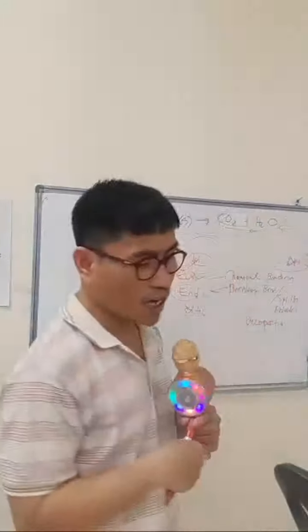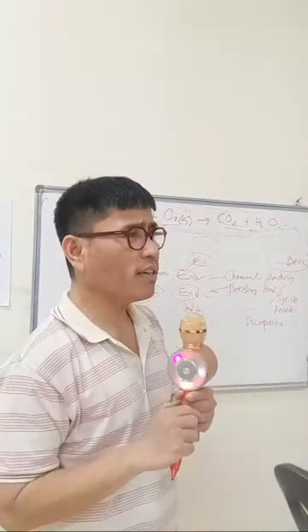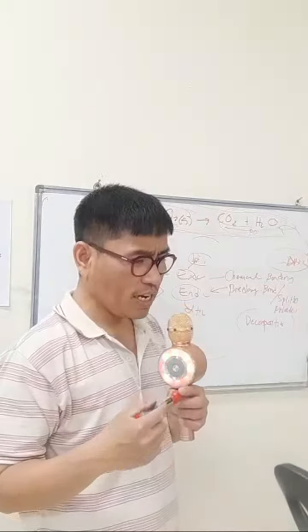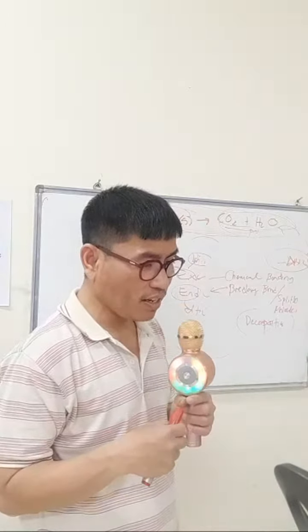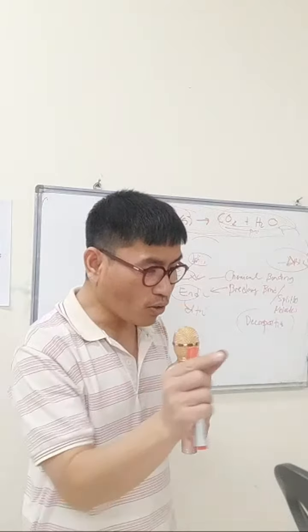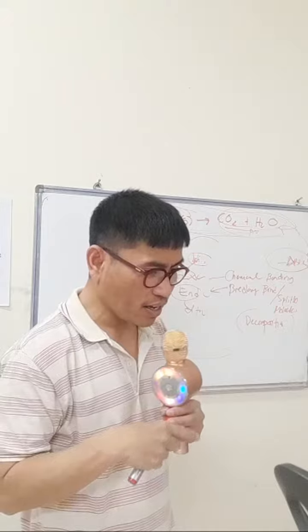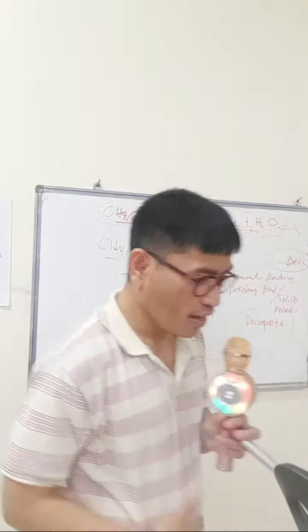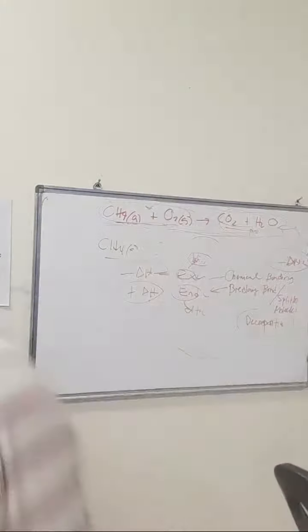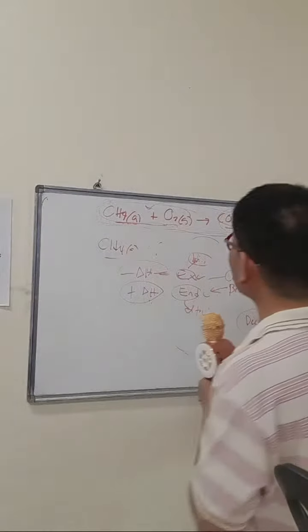If your sign is wrong, for example, the question is what is the heat energy released, and your answer is positive, then you will be wrong even though the magnitude or the value is exactly correct. Only the sign is a mistake, and it will become wrong.